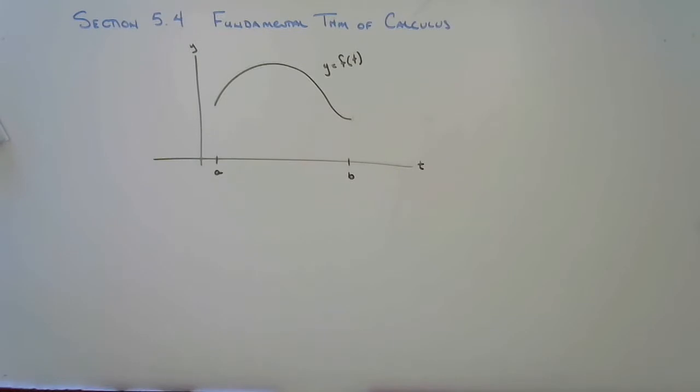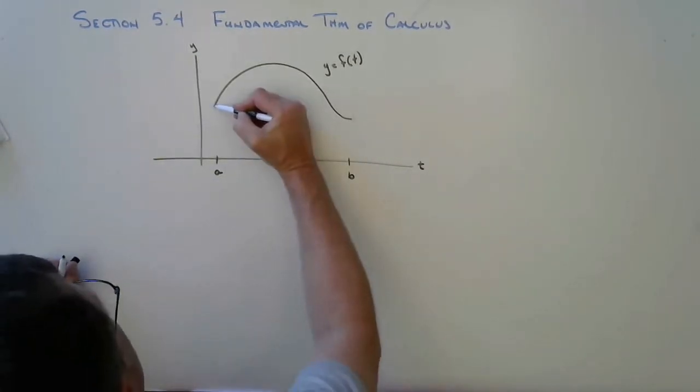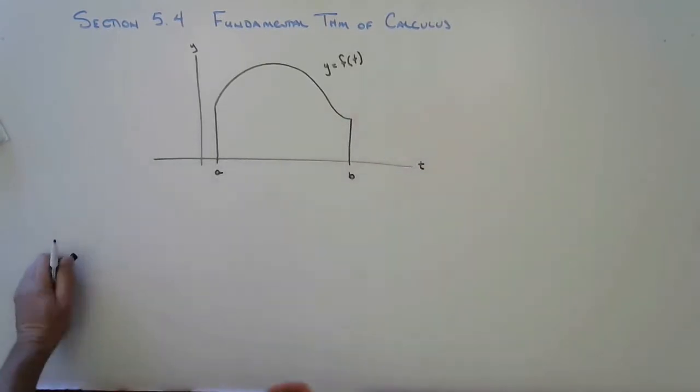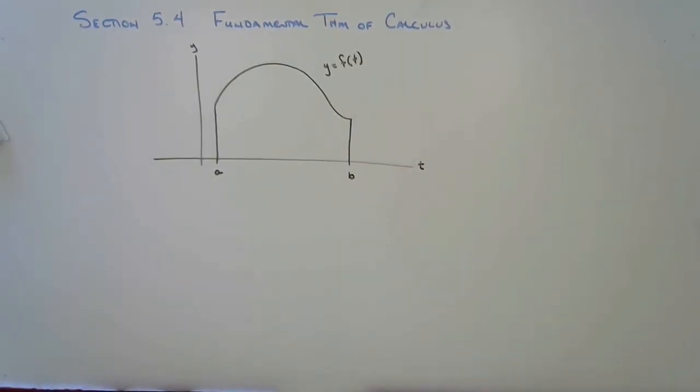So we have a function, and we are very accustomed at this point, having met the integral, to thinking about the area under this curve. What is the area under this curve? And we know how to write the area under this curve.